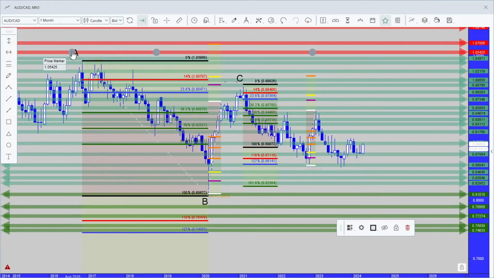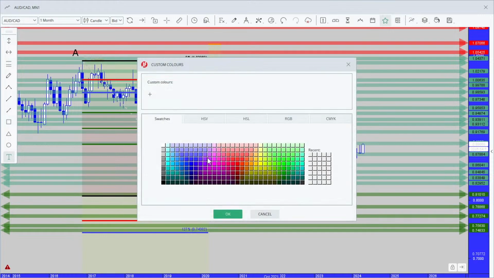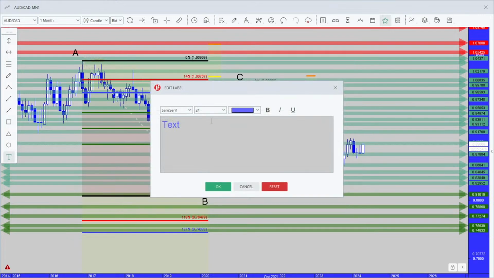We have the capital A, capital B, capital C, right? And then we have the contrarian, and then we have the Fibonacci of the confirmation, everybody. We are learning about the Fibonacci of the confirmation, so let's make it blue and right and 18.